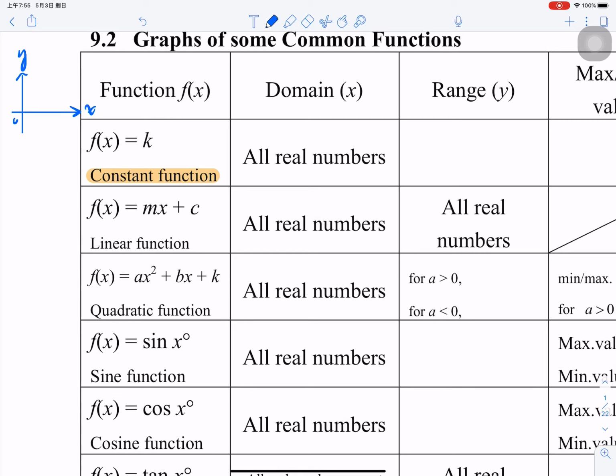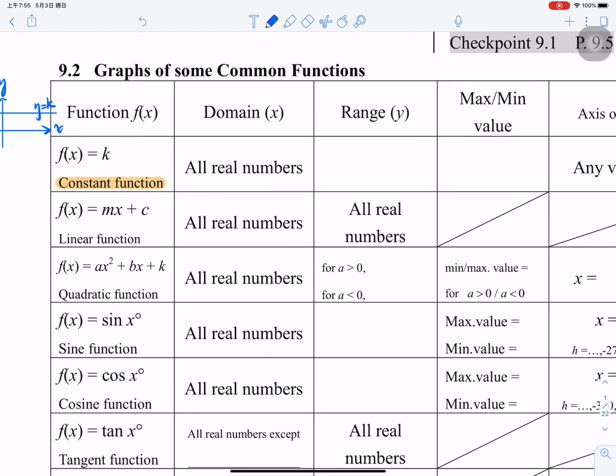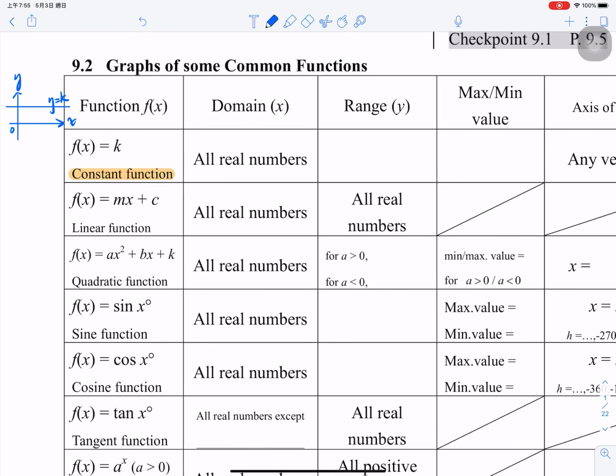If y equals k, then it's a constant function. That means whatever the value of x, y always equals k. So the domain is all real numbers.